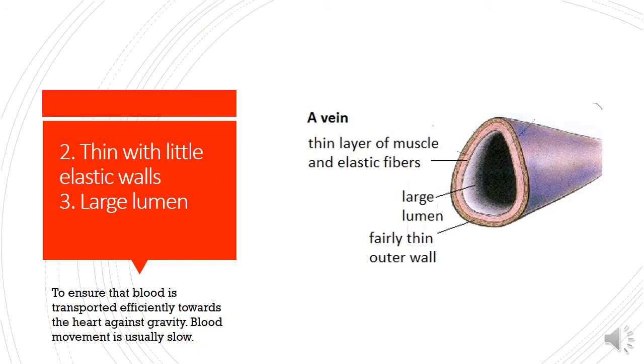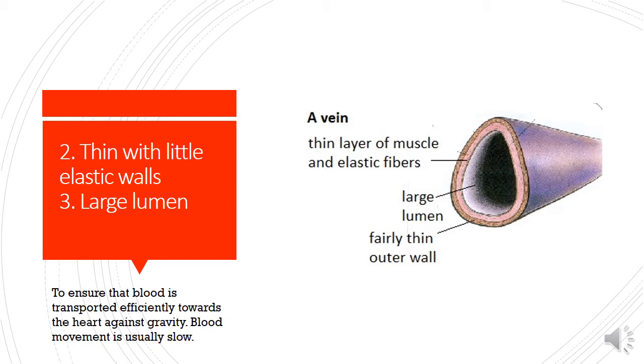Other characteristics of veins include thin walls with little elastic walls and a large lumen. The reason for this is to ensure that the blood is transported efficiently towards the heart against gravity, and the blood movement usually is slow.